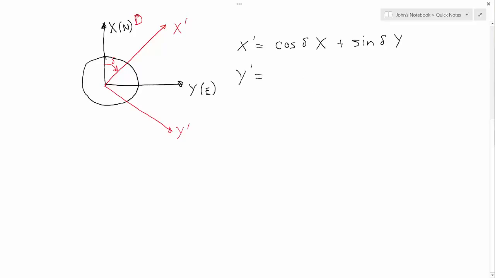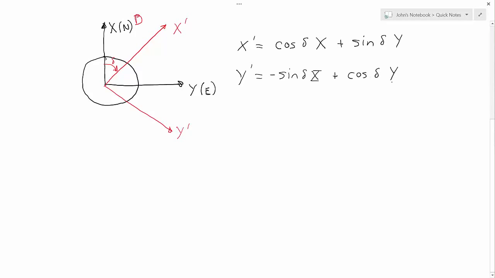Y prime is equal to what? What's the shadow on the x-axis, which is actually the negative x-axis? So negative sine delta x plus cosine delta y.